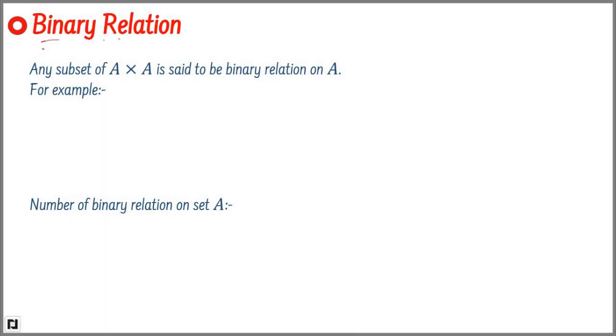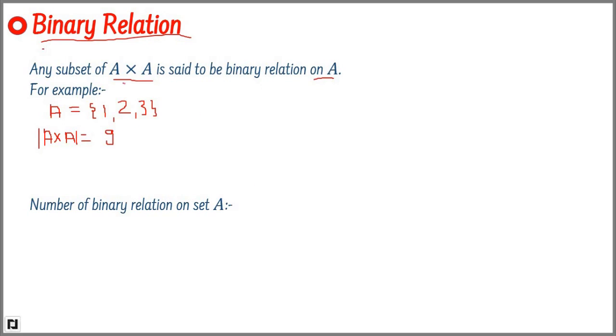So here we have the definition of binary relation. Any subset of A cross A is said to be a binary relation on A. For example, if we have a set A which contains elements 1, 2 and 3, and we have to find the Cartesian product of A and A, the cardinality of the Cartesian product of A and A is 9, and the elements inside the Cartesian product of A cross A are (1,1), (1,2), (1,3), (2,1), (2,2), (2,3) and so on.